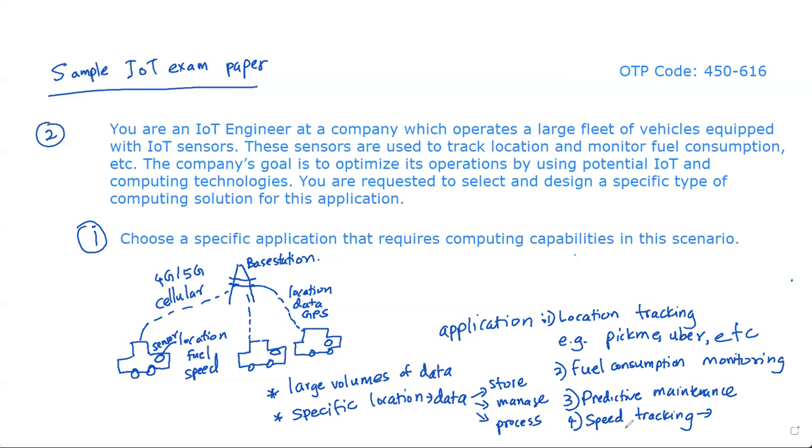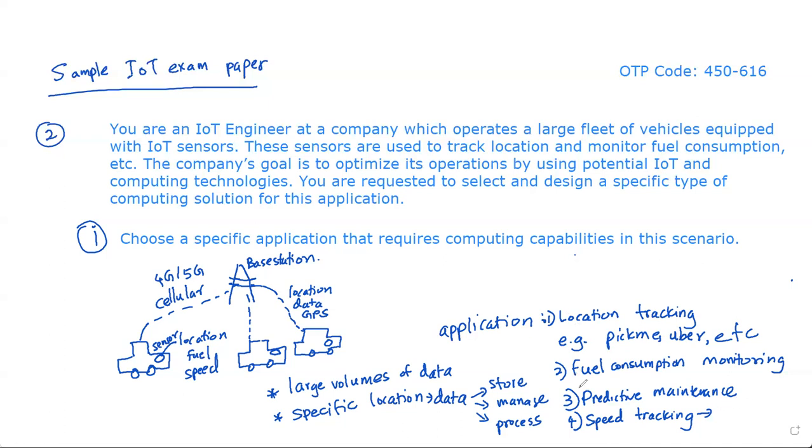In order to keep the vehicle speed under control, we can do speed tracking of the vehicles, and we can remotely monitor the speed of the vehicles at a remote location. We can take necessary steps to keep the vehicle speed under a certain threshold, and ensure the quality of the driving of the vehicles in the network.